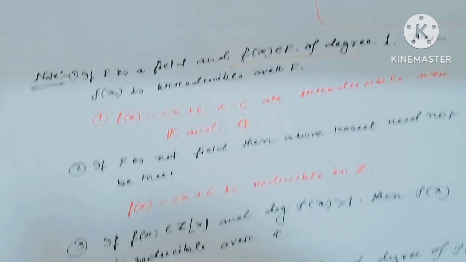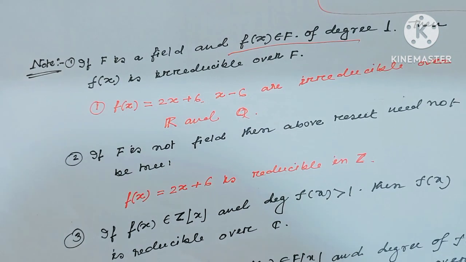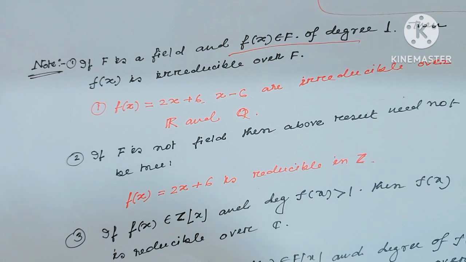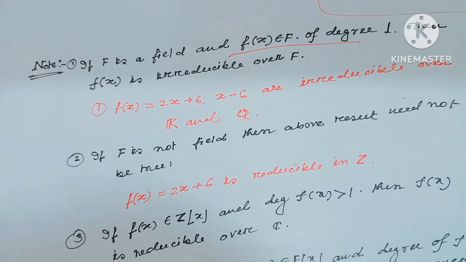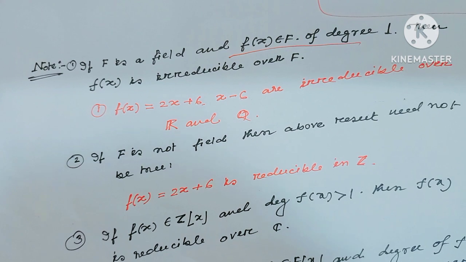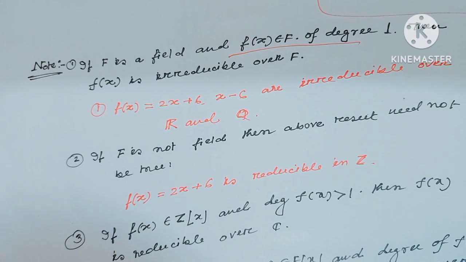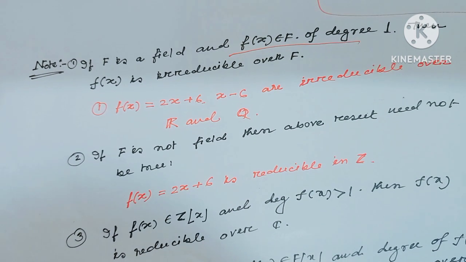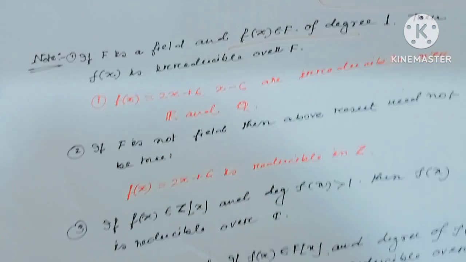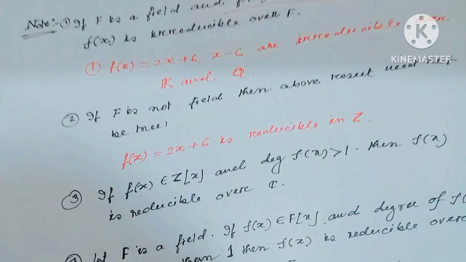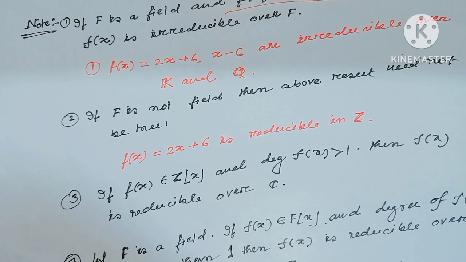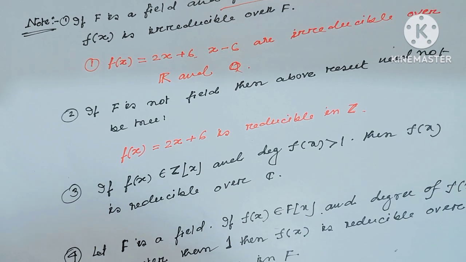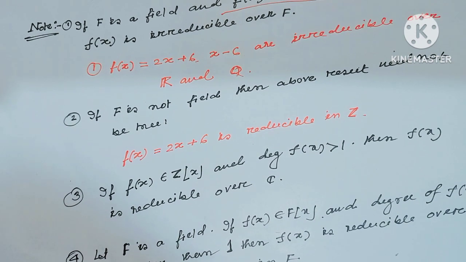Second, if F is not a field, then the above result need not be true. 2x plus 6 is irreducible over the field, but it is reducible in Z. It has a root in Z obviously, at the point x equal to minus 3.